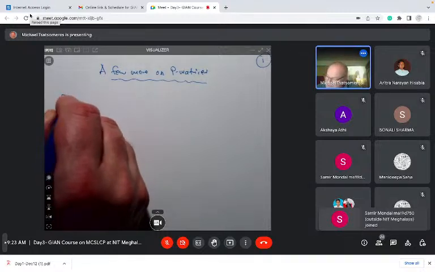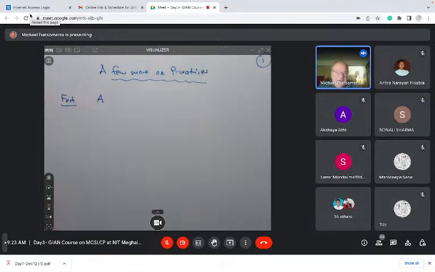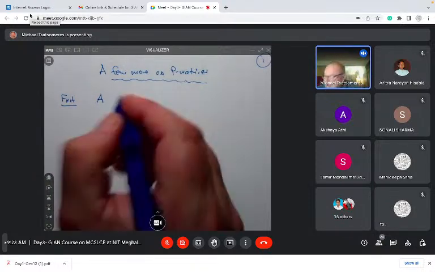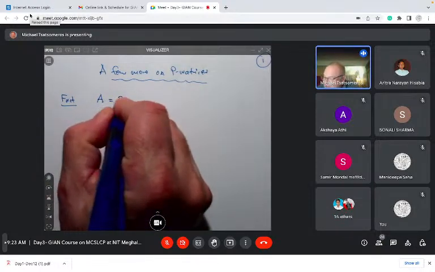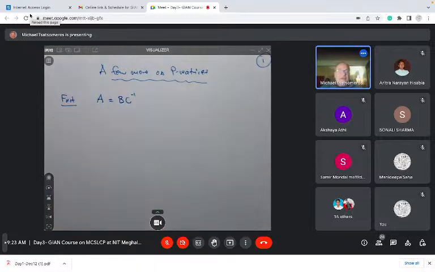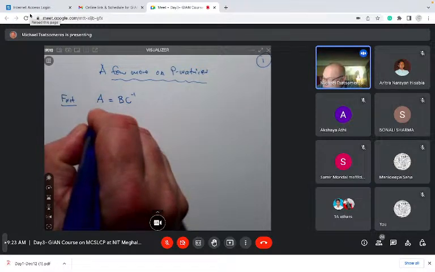Another fact: you have a matrix A and you have factored it as the product of two matrices, B and C inverse. Here we take both of these to be in Mn.